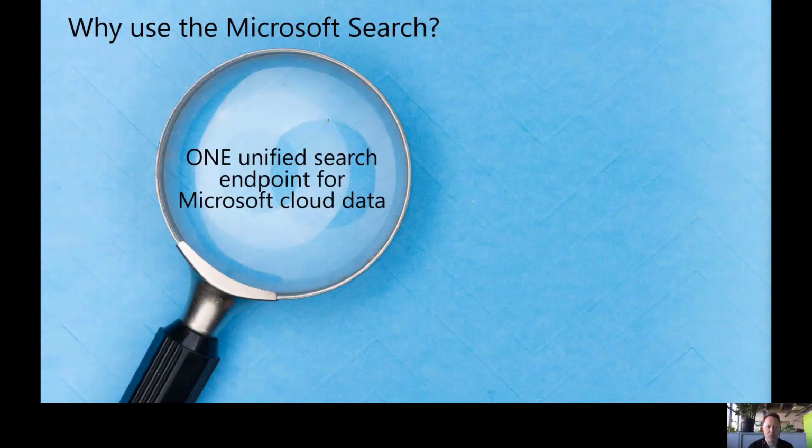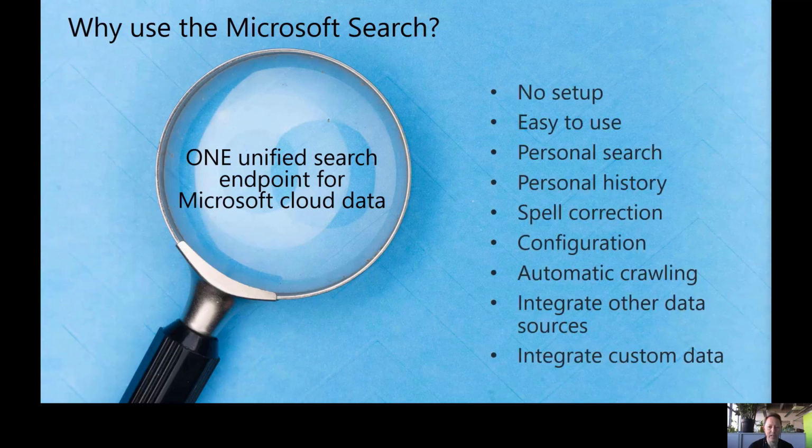Why use Microsoft Search? From a technical perspective, it's easy to use, and it's a unified endpoint for data in the Microsoft Cloud. You don't need to set it up. It's automatically available for every Microsoft 365 tenant. We saw it's very easy to use. You have a personal search. You even have a personal history.